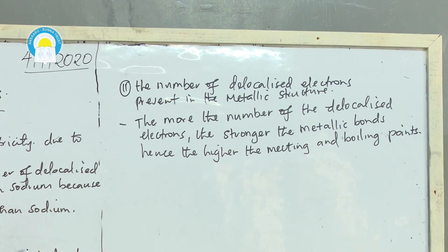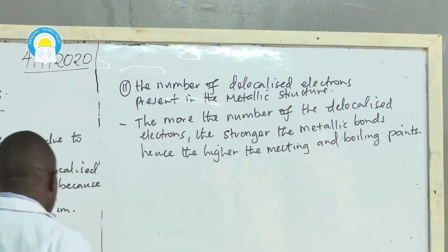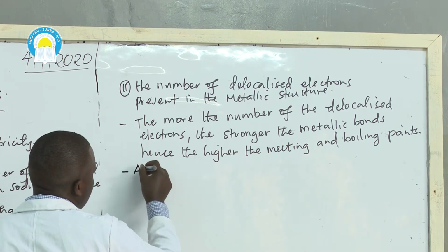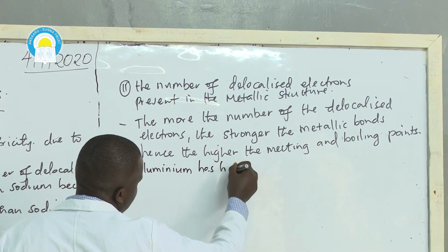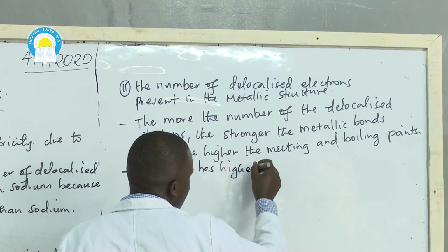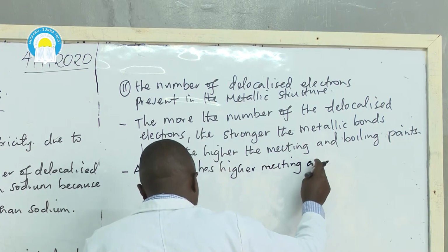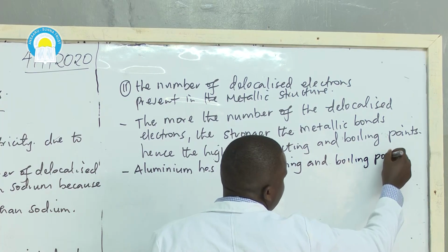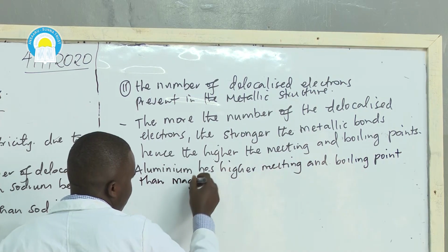So you can now say that aluminum has a higher melting point and boiling point than magnesium.